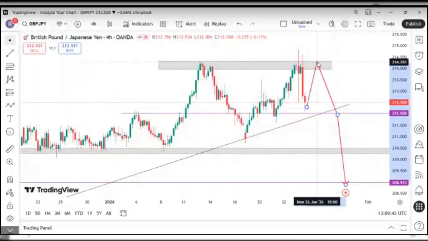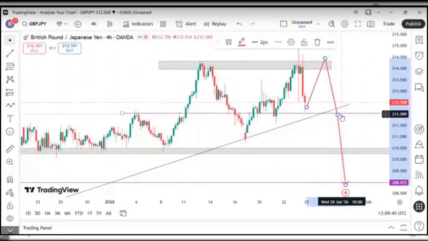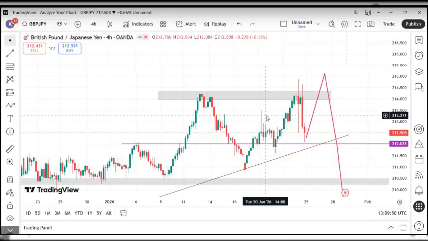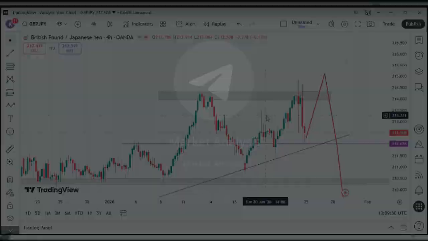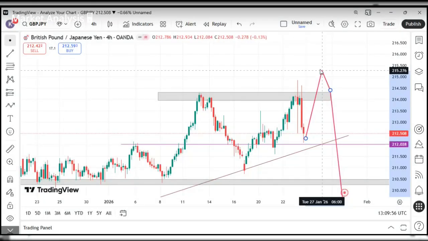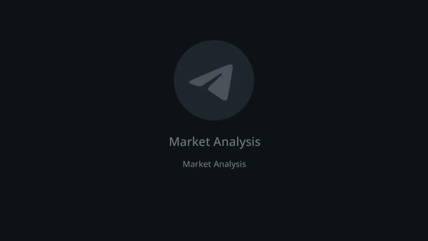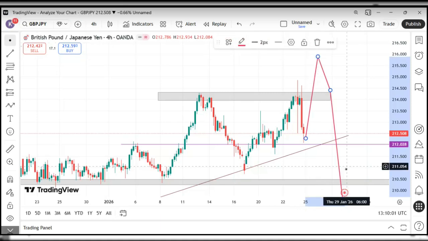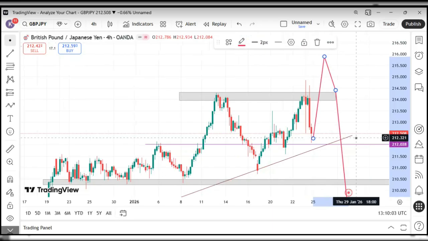But if it doesn't break, then at that point we'll have something like this. We'll go up, break this level. This is what we'll have. If it breaks this level, then that's when things will become interesting, because at that point we're looking for highs.